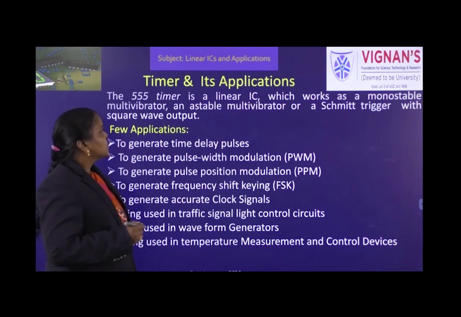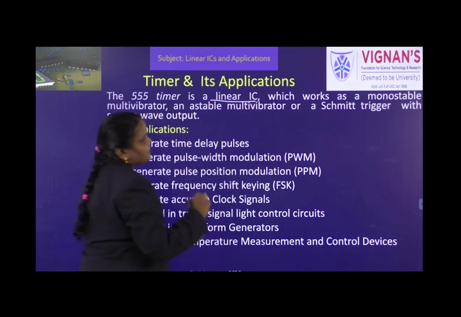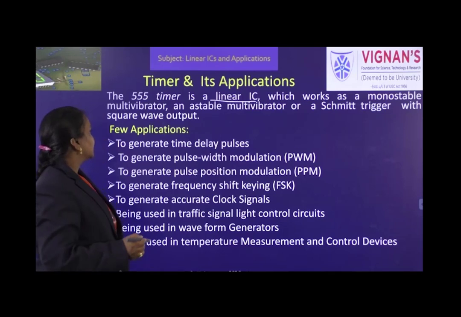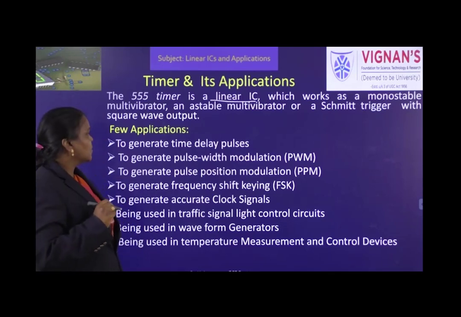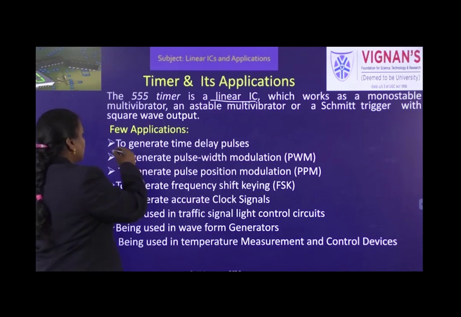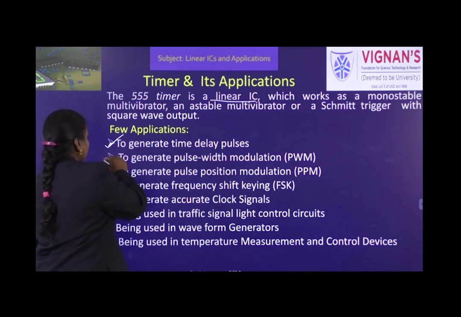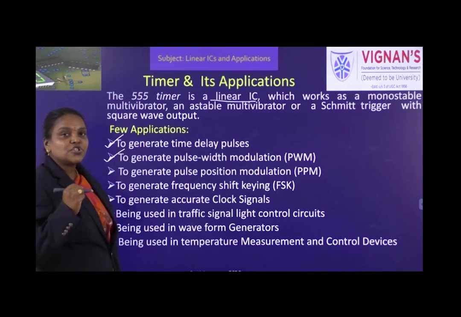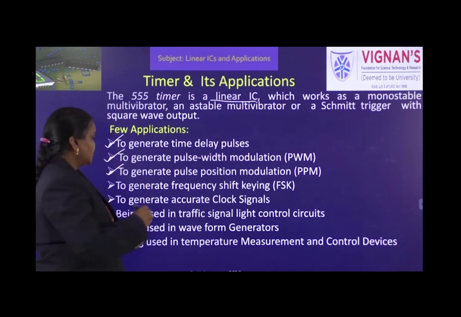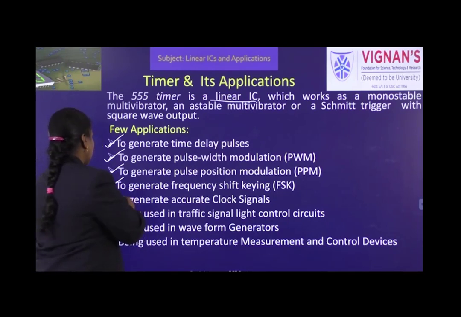So what is a timer? A timer is a linear IC, the 555 timer, which works as monostable, astable and Schmitt trigger with square wave output. And a few applications: to generate time delay pulses, we use a timer, and to generate pulse width modulation, pulse position modulation, frequency shift keying, and accurate clock signals.